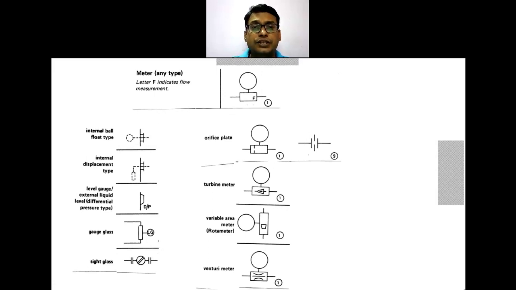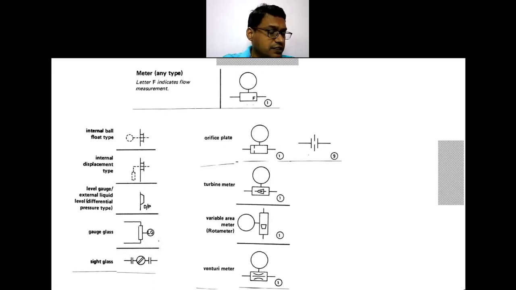Now look at the level indicators as well as the flow indicators. The level indicator is the internal ball float type, where a ball is provided and connected to a flange of a vessel. Then the internal displacement type, which also floats, but there is a small difference.